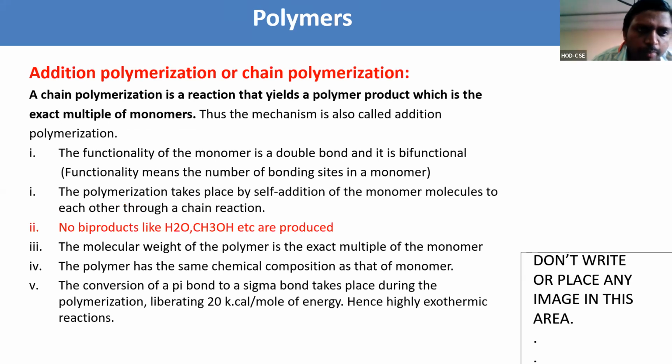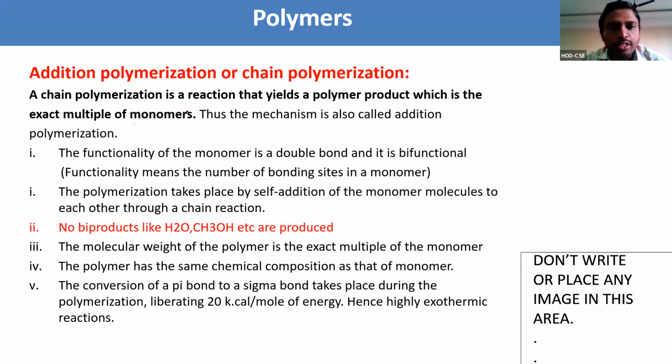Addition polymerization, or chain polymerization, is the reaction that yields a polymer which is an exact multiple of the monomers. The same number of monomers present are there in the polymer. This is called addition polymerization.